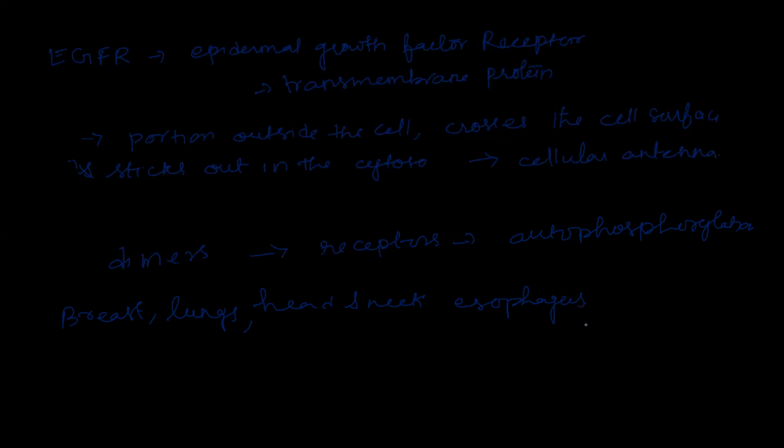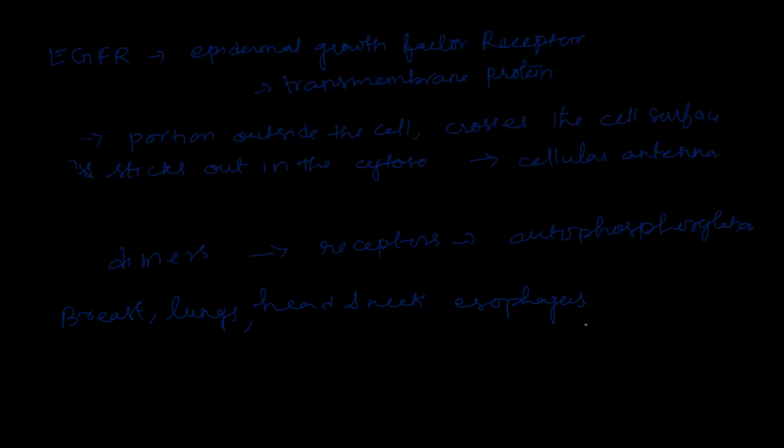What happens is that when certain proteins, and when you say proteins, it can be any epidermal growth factors or transforming growth factors, bind onto this EGFR, this causes two EGFR proteins to stick to each other. That is, these two joint proteins are called dimers. Now when this dimer is formed, it is going to activate this receptor.